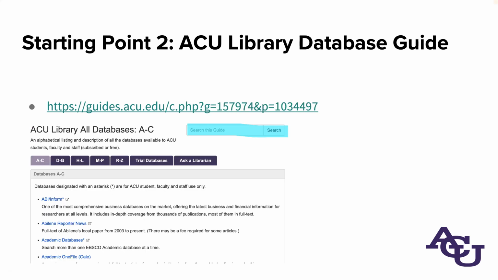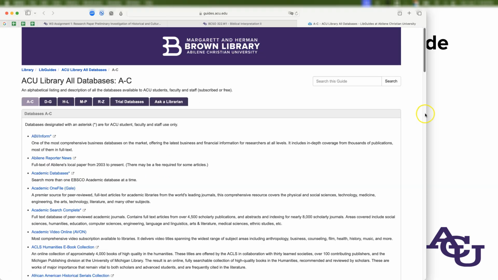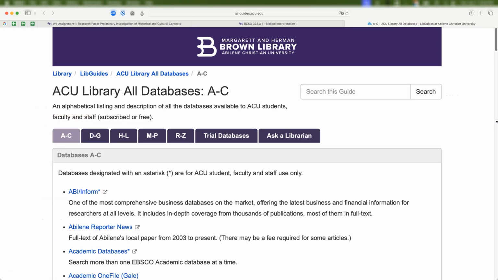Now you might also go to the ACU Library Database Guide, where you can see different resources that are available, databases that specialize in a particular resource. And let's go ahead and look at that in the web browser. Okay, so we have here alphabetically sorted databases.